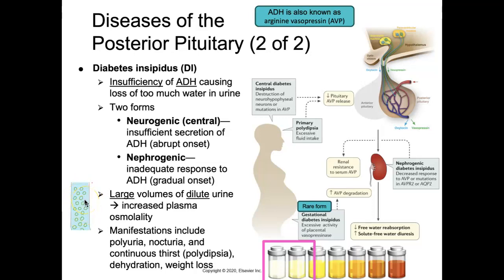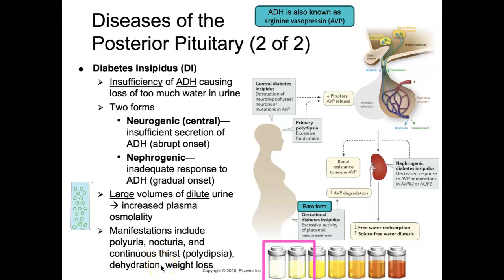And so some manifestations that we can have are polyuria, again, having the large amounts of urine, nocturia, and continuous thirst, polydipsia, and that could lead to dehydration. And what they see is that these patients are still secreting large amounts of fluid despite them being dehydrated.